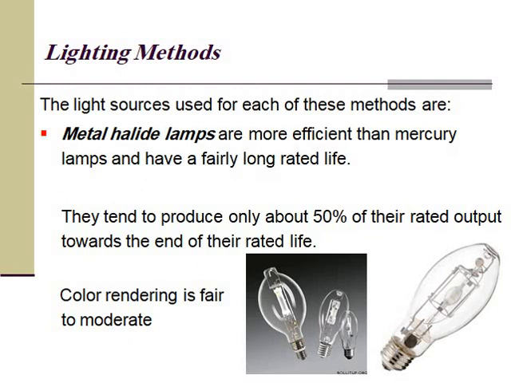The metal halide lamps are more efficient than mercury lamps and have a longer rated life. These lamps tend to produce only about 50% of their rated output, and the color rendering is fair to moderate.